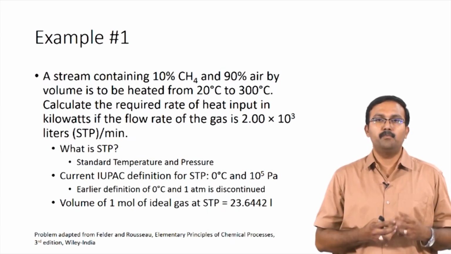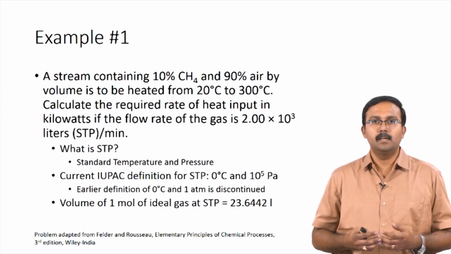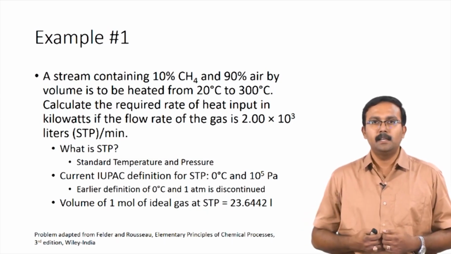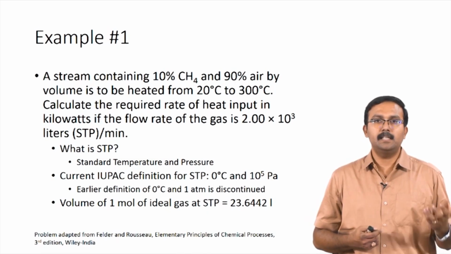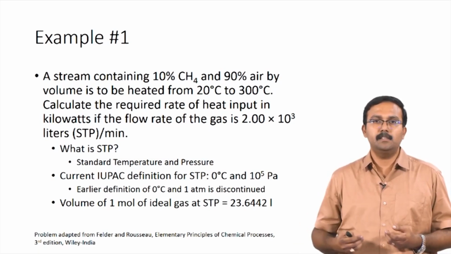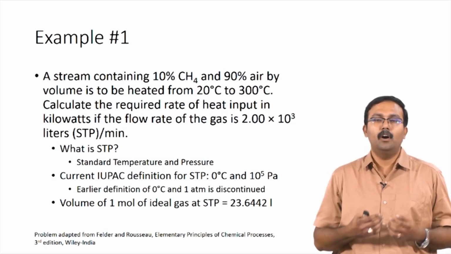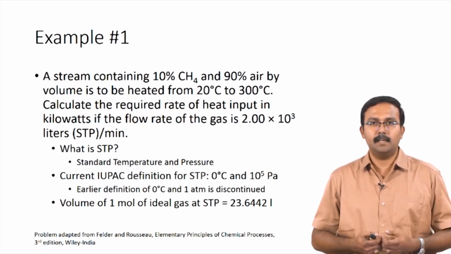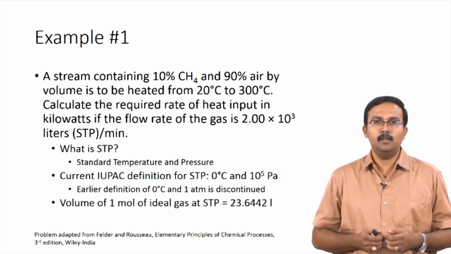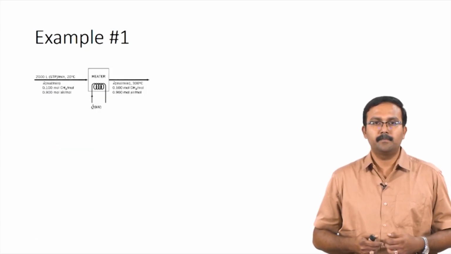So, the number of moles can be calculated from here. This is just a way of representing molar flow rates. Instead of using the inlet conditions, which is 20 degrees Celsius, we would have to use STP conditions to calculate the number of moles of the mixed gas entering the system. With that fundamental covered, let us continue with solving the energy balance.